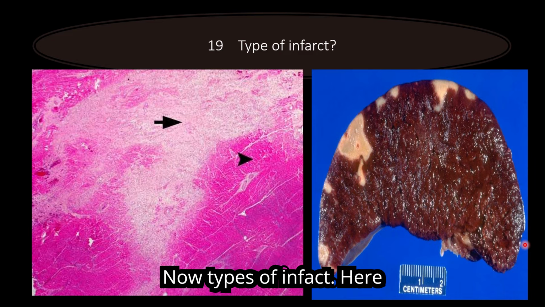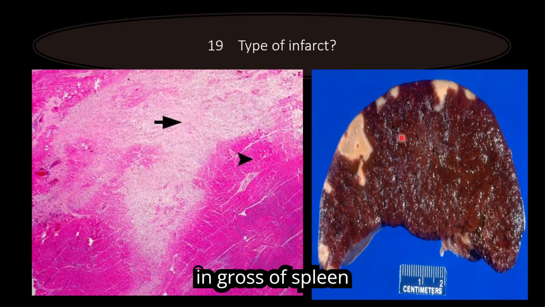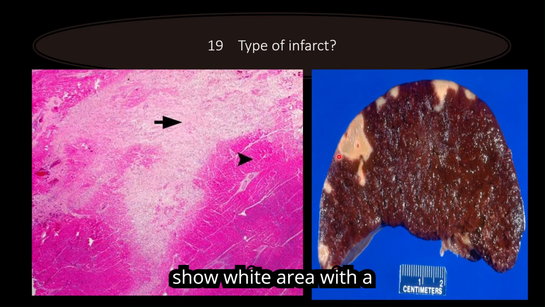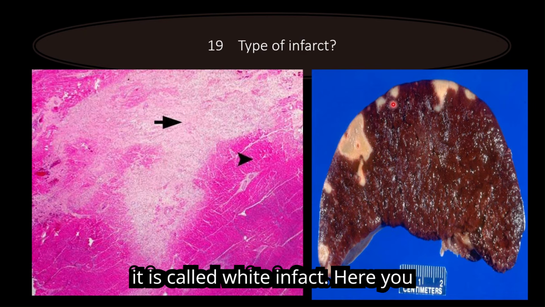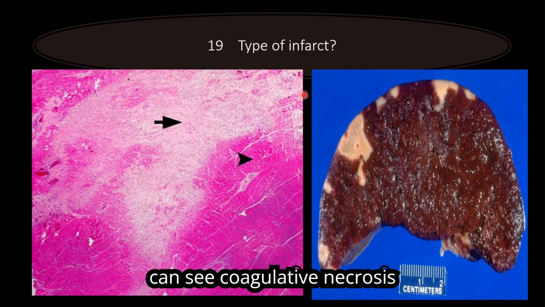Now, types of infarct. Here the gross of the spleen shows a white area with its base at the capsule, and it is called a white infarct. Here you can see coagulative necrosis.